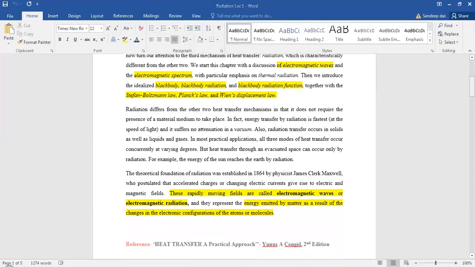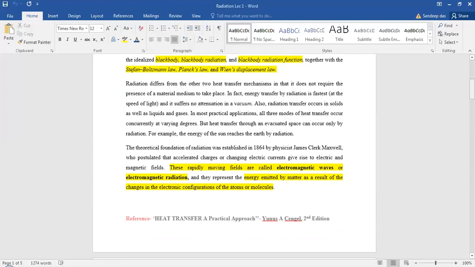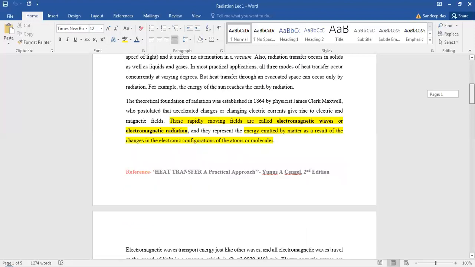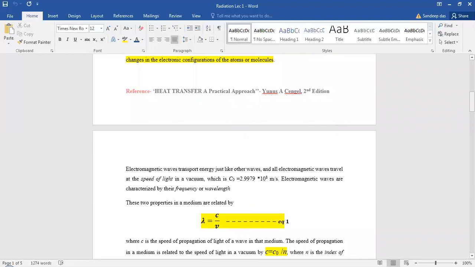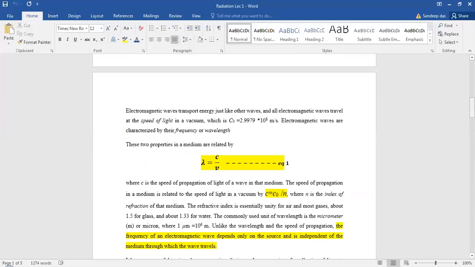The first person who propounded this theory was James Clerk Maxwell, who said that electromagnetic waves are basically electromagnetic radiation which is emitted as a result of change in electronic configuration of the atoms or molecules. Now, there are two important properties related to electromagnetic waves.